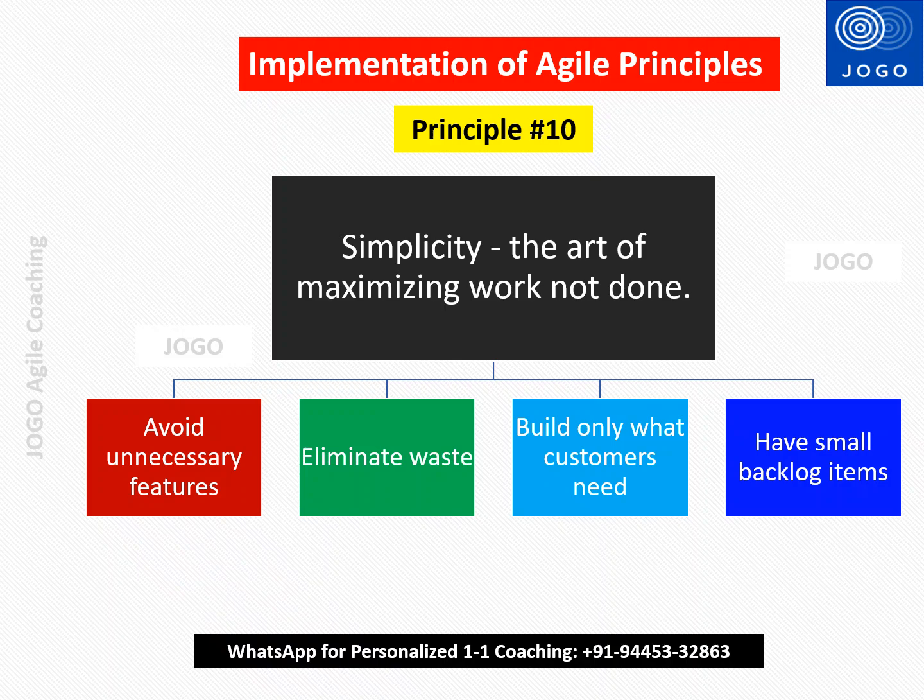And we need to eliminate waste in the overall process. If there is any wait time or rework, the team should focus on reducing the waste. And we need to build what the customer wants, keep nice-to-have features for last, and ensure that must-have features are implemented quickly. And we need to ensure that the backlogs are very small, so that the team can commit for this short cycle, that is the sprint, and deliver the work without any delay.